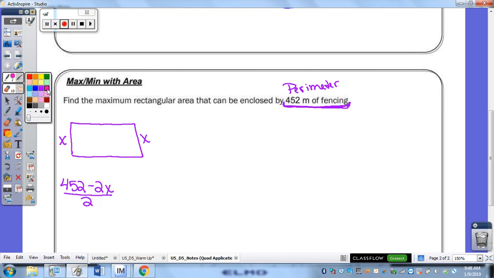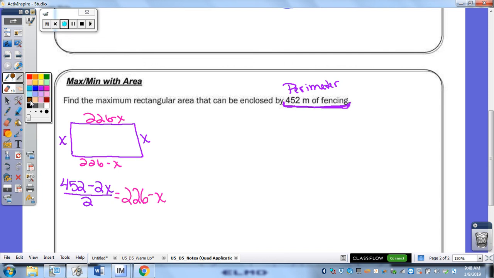So let's see here, that would be 226 minus x. So that's going to be the length of the other side. 226 minus x. Now we have variables for that side, going to allow us to multiply them together.